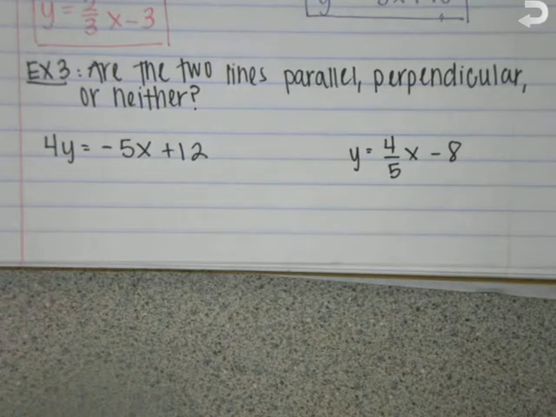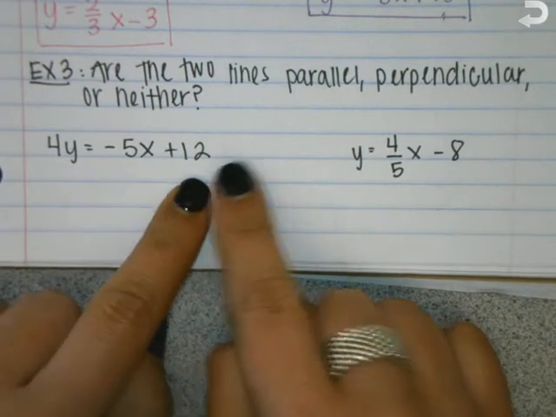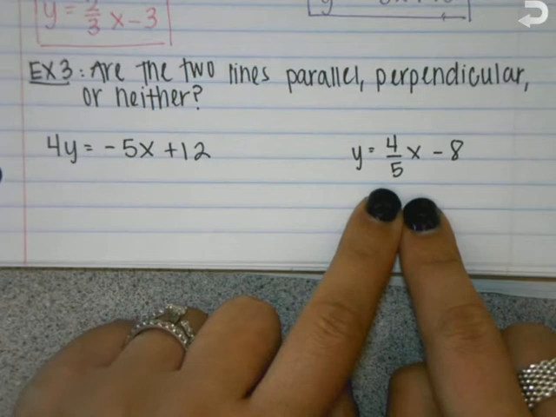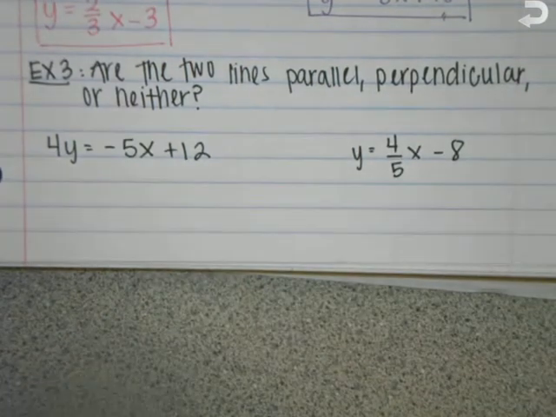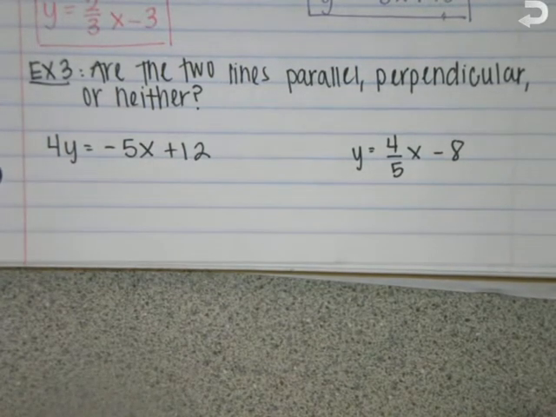So the very last example, I want to know if the two lines that I give you are parallel, perpendicular, or neither. The first line is 4y equals -5x plus 12. And the second line is y equals 4 over 5x minus 8. Okay, so basically all we care about when we're talking about parallel and perpendicular lines is the slope.